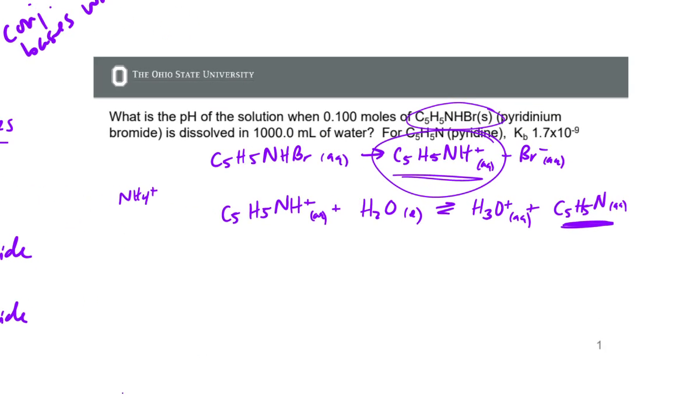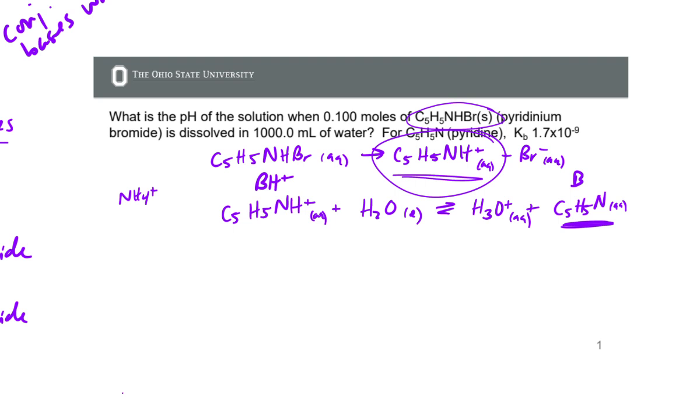Okay, pH of a solution when we have 0.1 moles of pyridinium bromide dissolved in 1,000 milliliters of water. So we have 0.1 moles per liter of C5H5NH+. If we want to abbreviate that, we can do BH+, and then B for the conjugate base. Again, this is an ICE table.